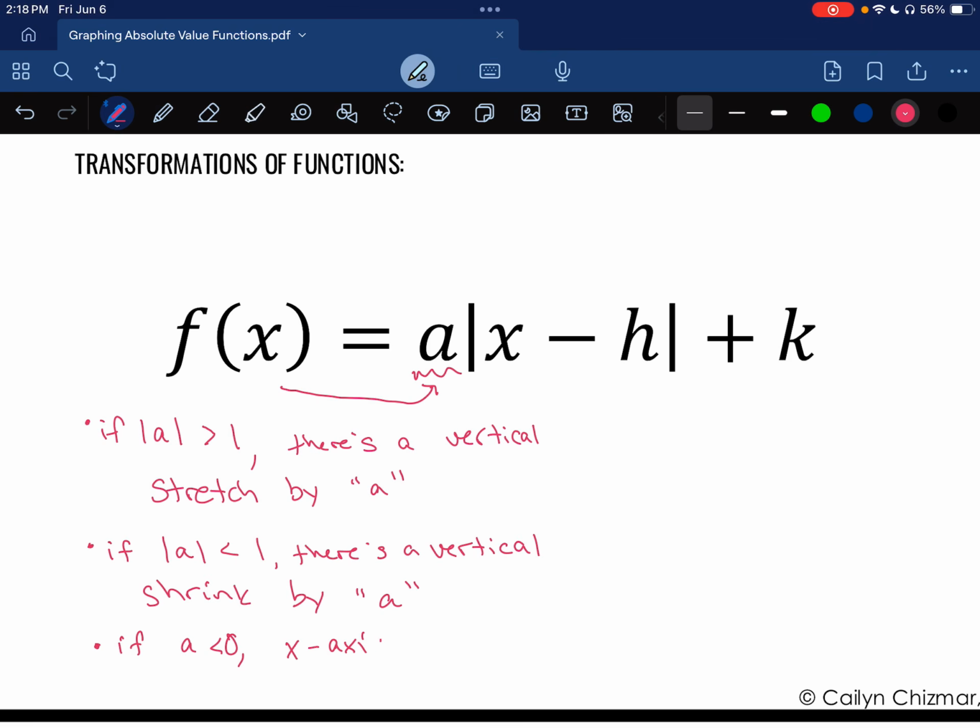Next, we're going to talk about h. Friend h. If h is greater than 0, positive, that means this graph is going right h units. It's going to say x minus h is the default. So if h is a positive number, like +5, it'll say x minus 5. That means right 5 units.